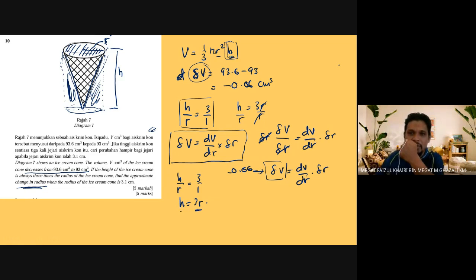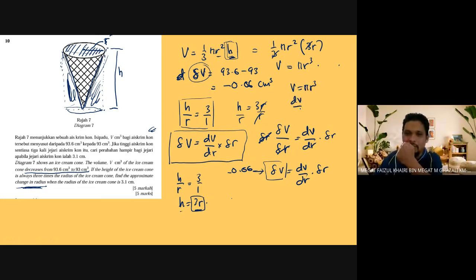We got h here. So then 1/3 pi r squared times h, where h equal to 3r. So 3 divided by 3 equal to 1. Then we got pi r cubed. So this is V. V equal to pi r cubed. So then dV/dr equal to 3 pi r squared.